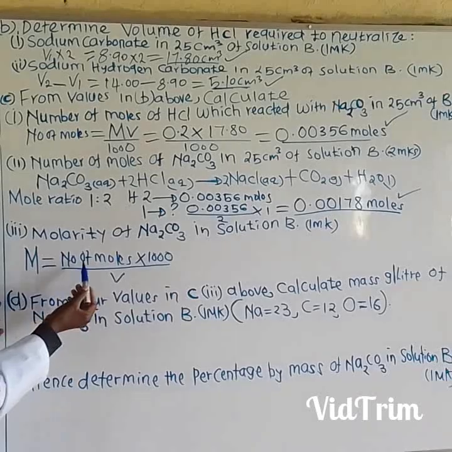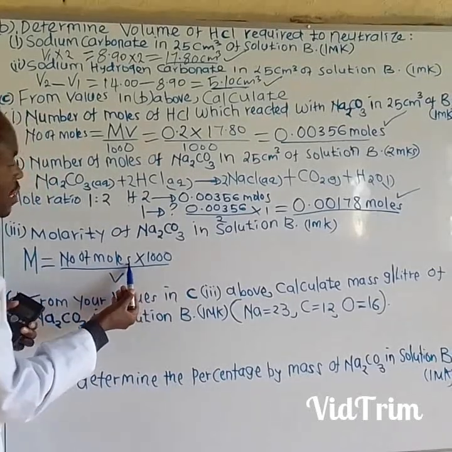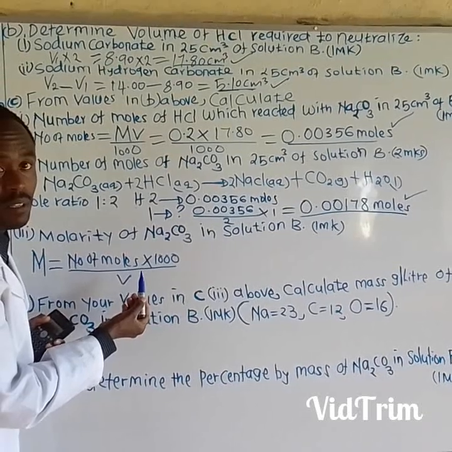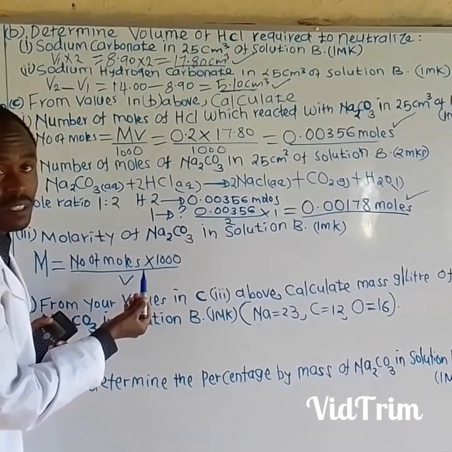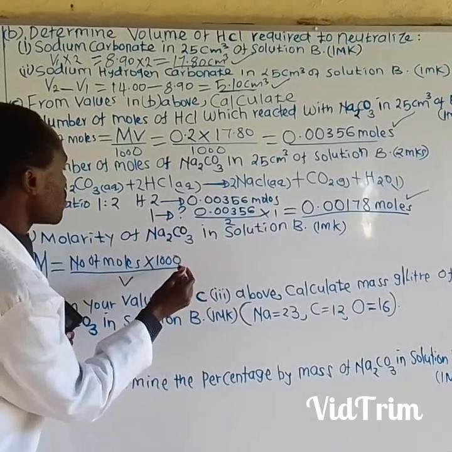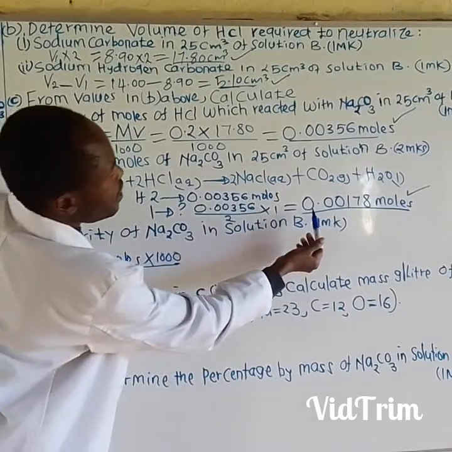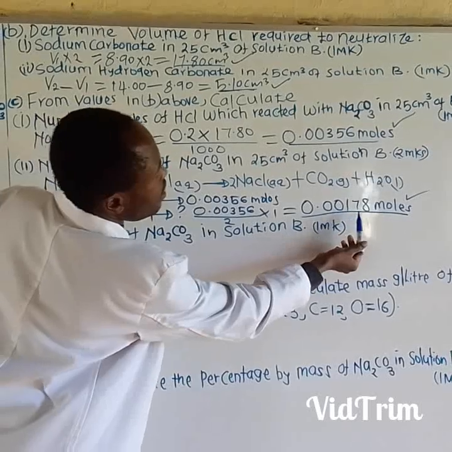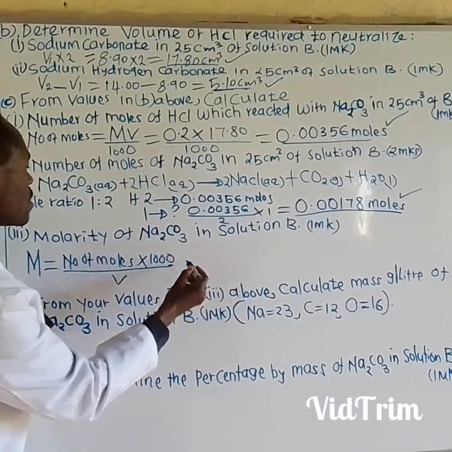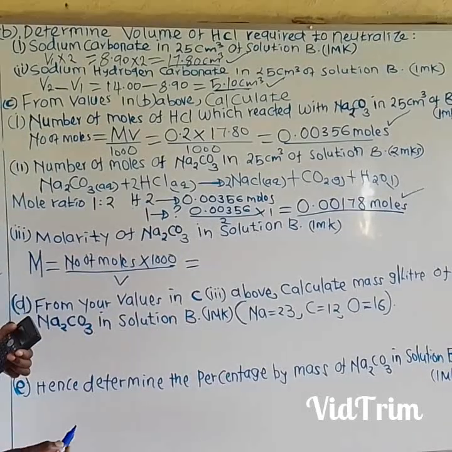Do I know the number of moles of sodium carbonate in solution B? Yes. We pipetted 25, isn't it? The moles we calculated is 0.00178.